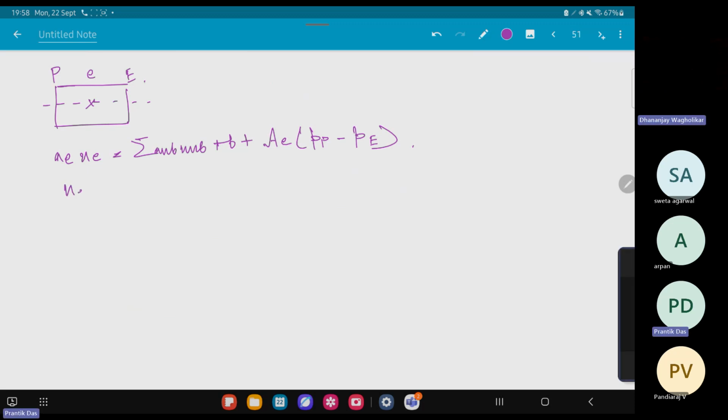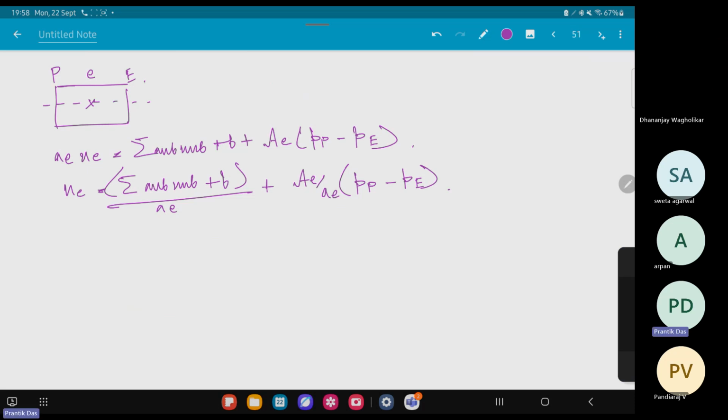If I simplify it further, u_e is equal to sigma a_nb u_nb divided by a_e, plus A_e divided by small a_e times (P_P minus P_E). This A_e by small a_e, I am writing down as small d.